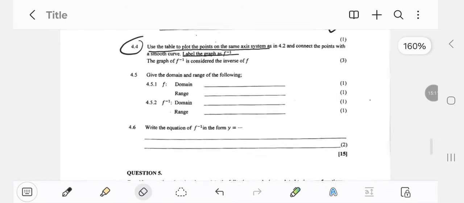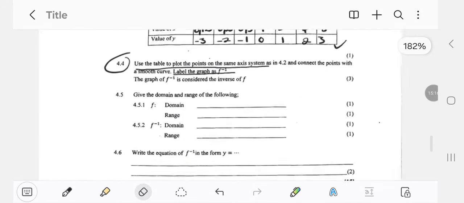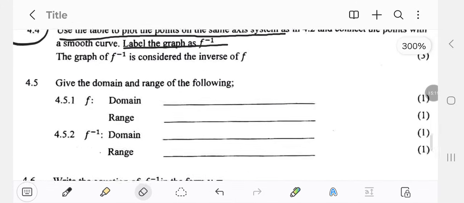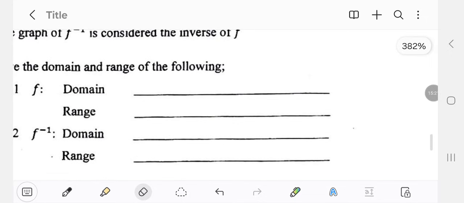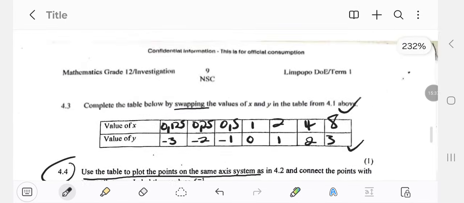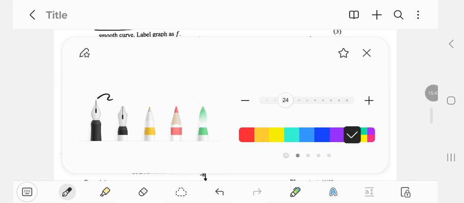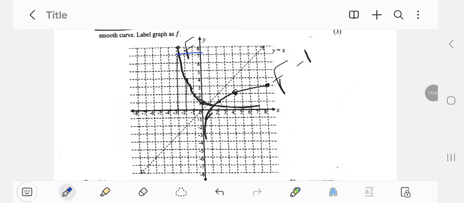Let's go to 4.5. The domain and range of the following. So the original graph, what is the domain of the original graph? x is an element of real numbers. The range: the y values are still positive. Looking alongside the graph here, we can see the y values approach positive infinity.